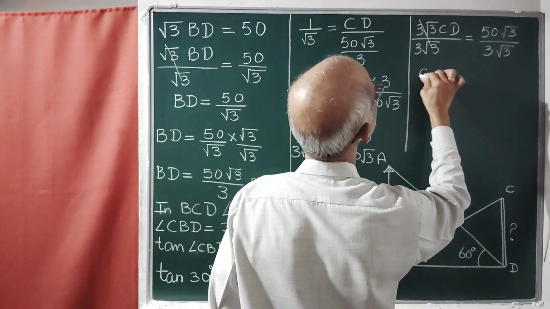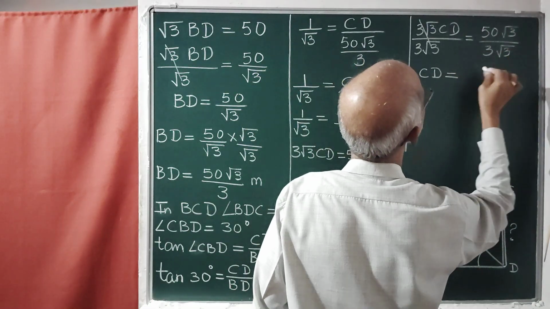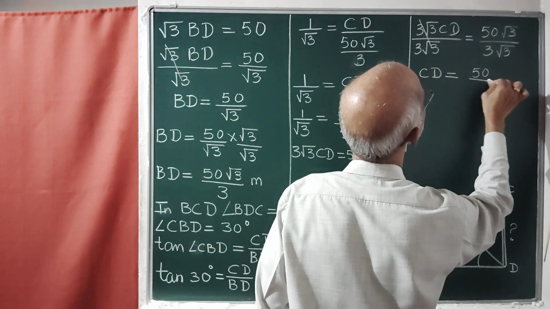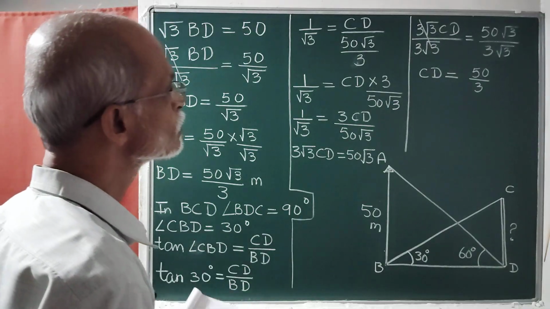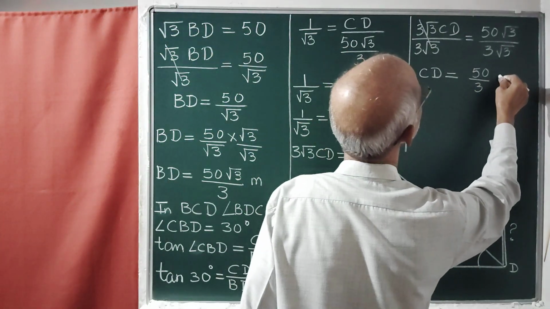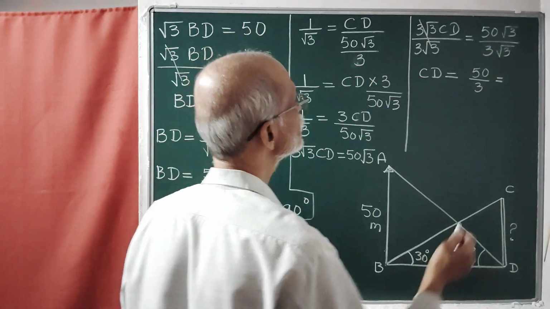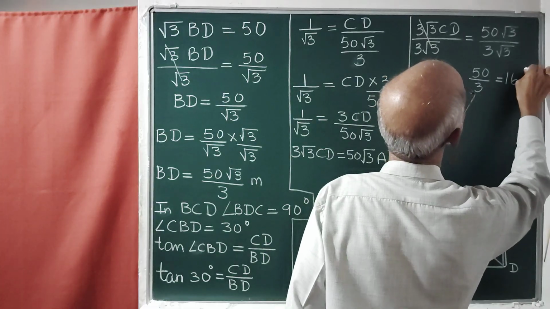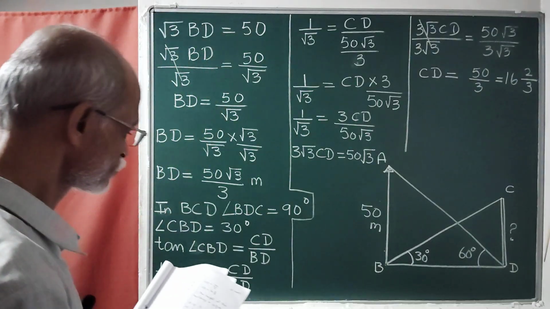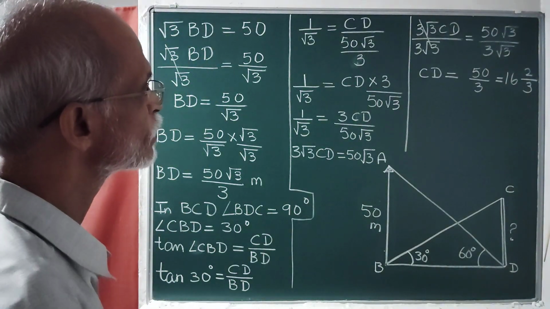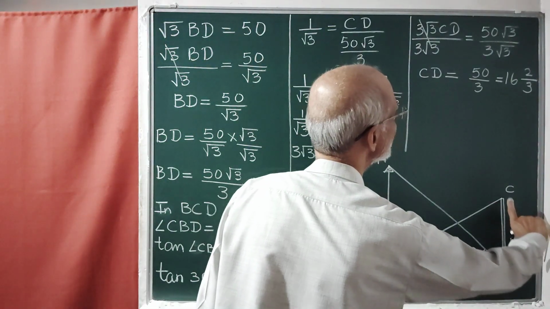CD will be equal to 50 by 3. So if you divide it, you will get 16 2 by 3. Therefore, now we have found CD to be 16 2 by 3. That is the building's height.